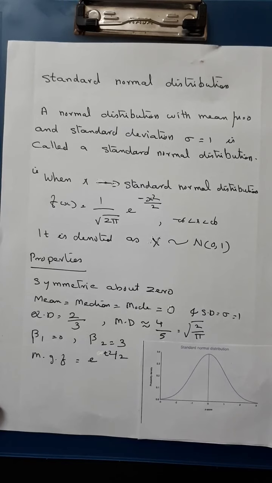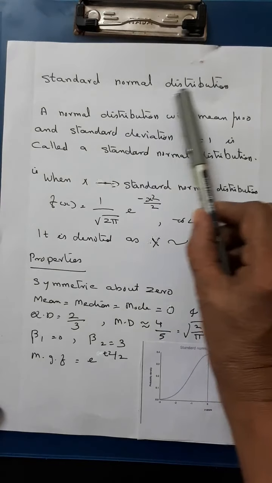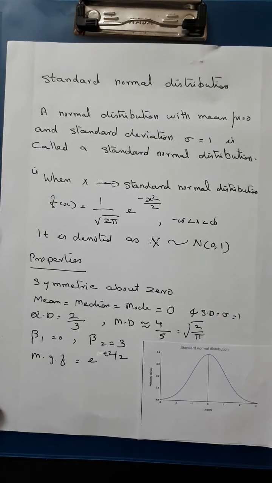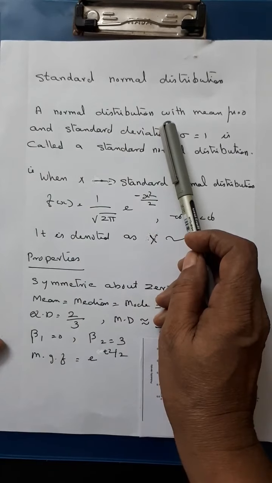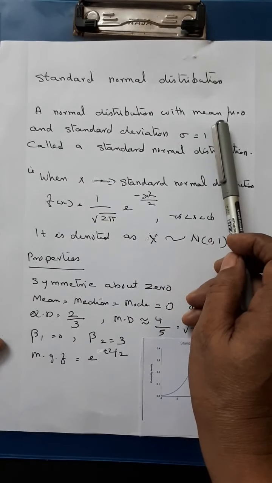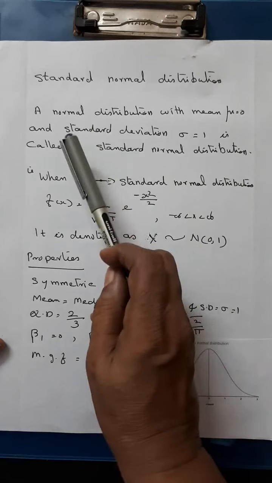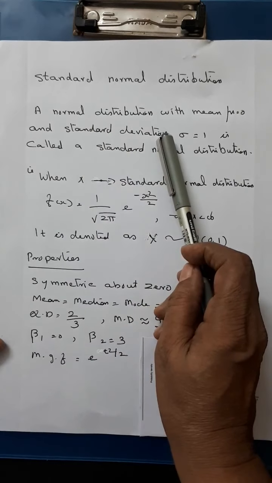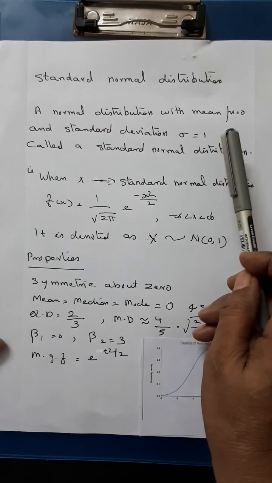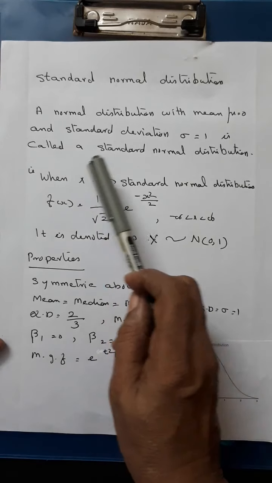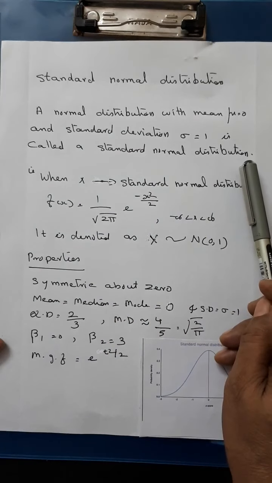Today we are going to discuss the standard normal distribution. A normal distribution with a mean mu equal to 0 and standard deviation sigma equal to 1 is called a standard normal distribution.